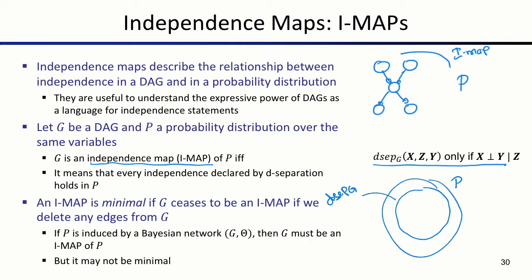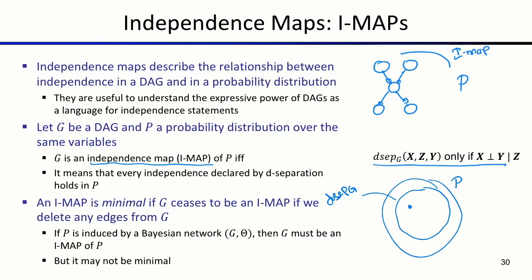So if it is the case, this separation will imply independency, and it means also that G is an IMAP for P. So we can see that we have these two subsets, and we can look at one separation that we can find here, and this is also a part of the independencies of P.